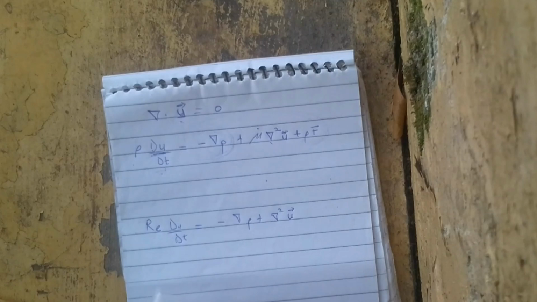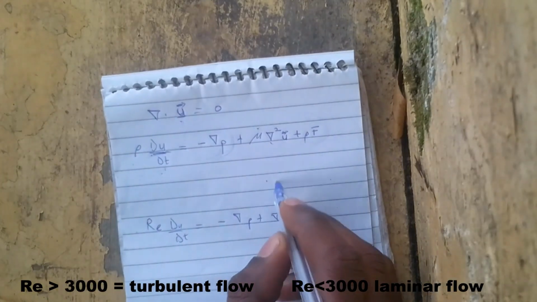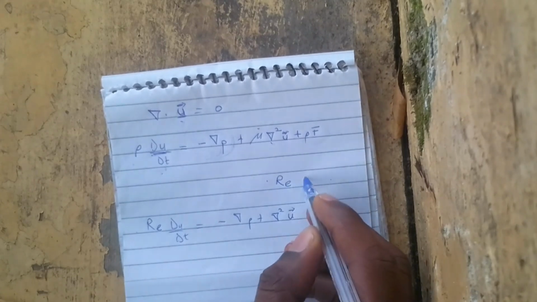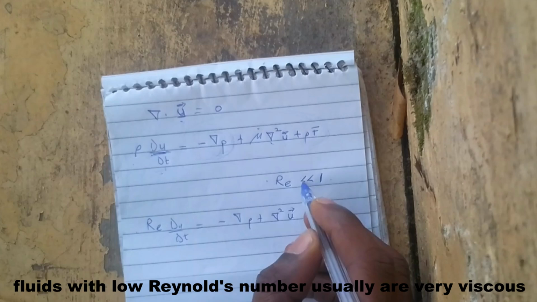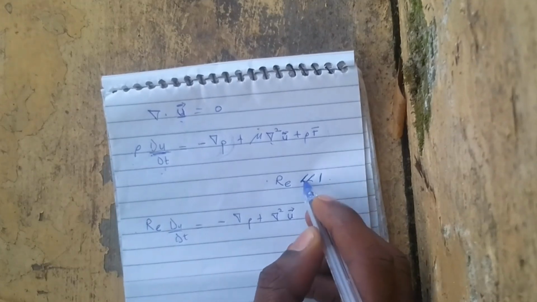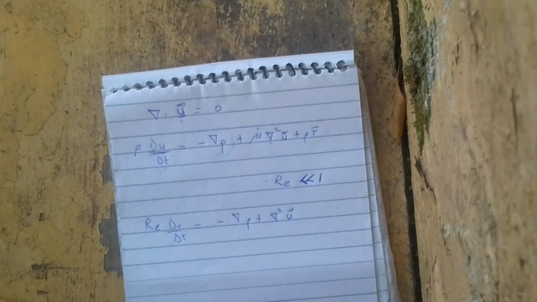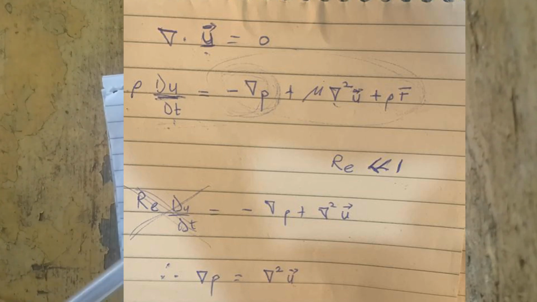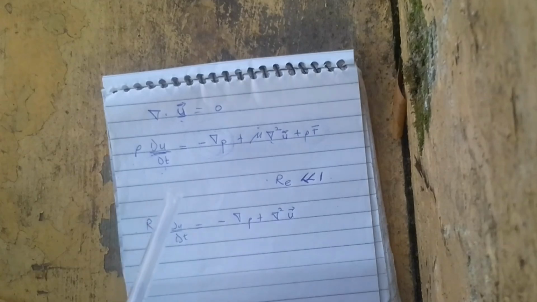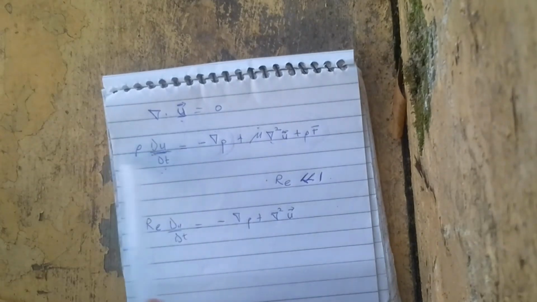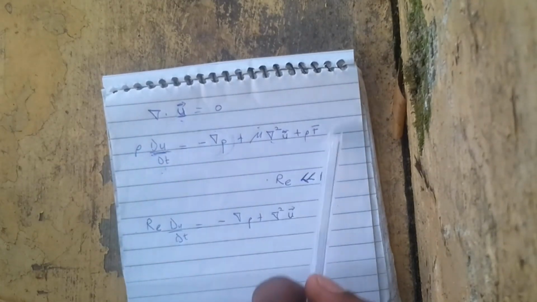Why do you do that? Because for an extremely small Reynolds number, we have laminar flow, very steady flow. This steady flow is so steady that external forces become absent in this situation, and then we take out the density aspect, since we are taking out gravity, of course.